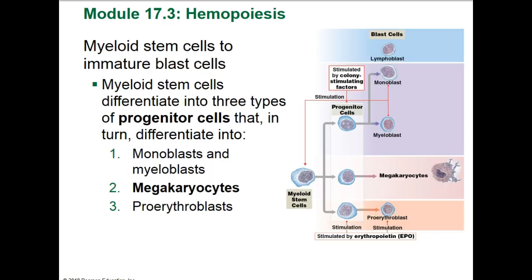The myeloid stem cells will become immature blast cells. The myeloid stem cells will differentiate into three types of progenitor cells, and then they differentiate further into either monoblasts and myeloblasts, megakaryocytes, or proerythroblasts.